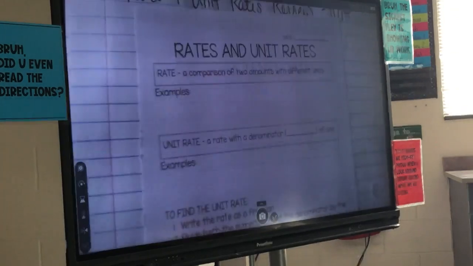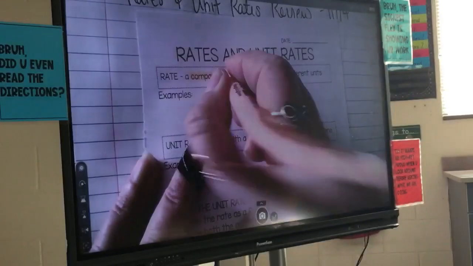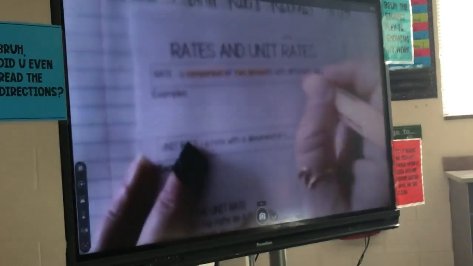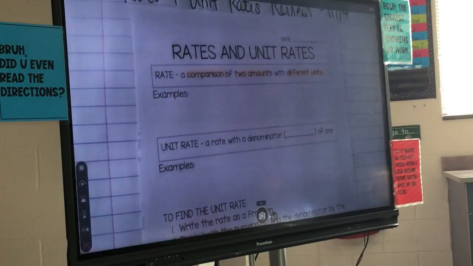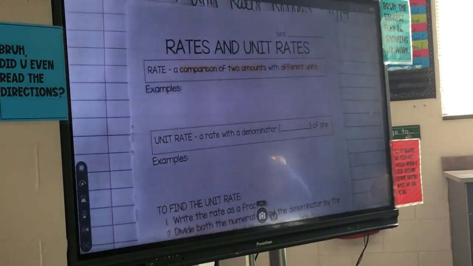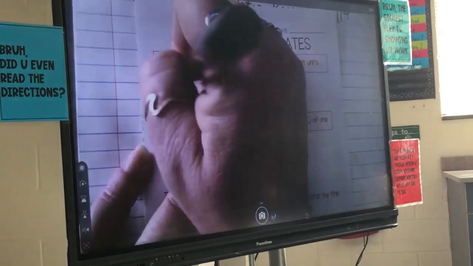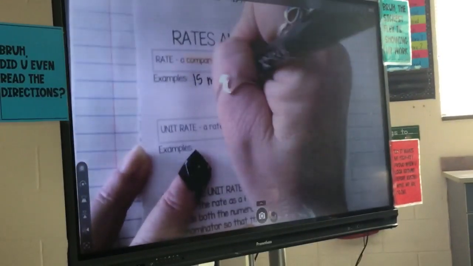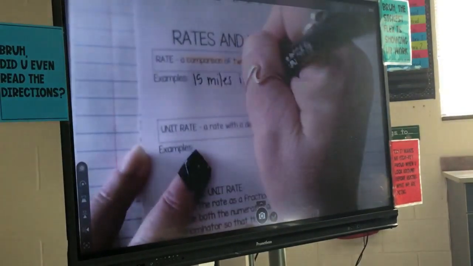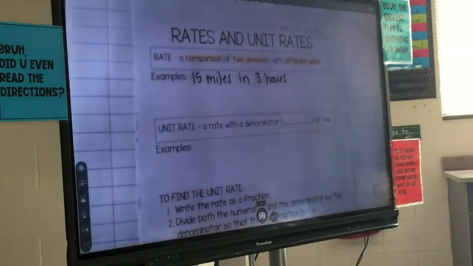So a rate is a comparison of two amounts with different units. Okay, an example of this is 15 miles in 3 hours. Okay?